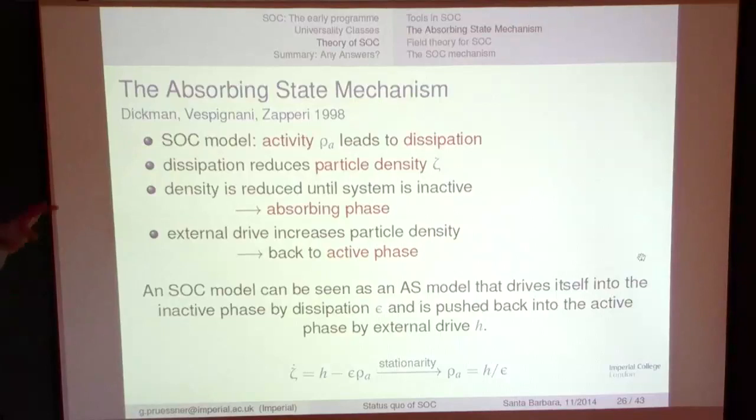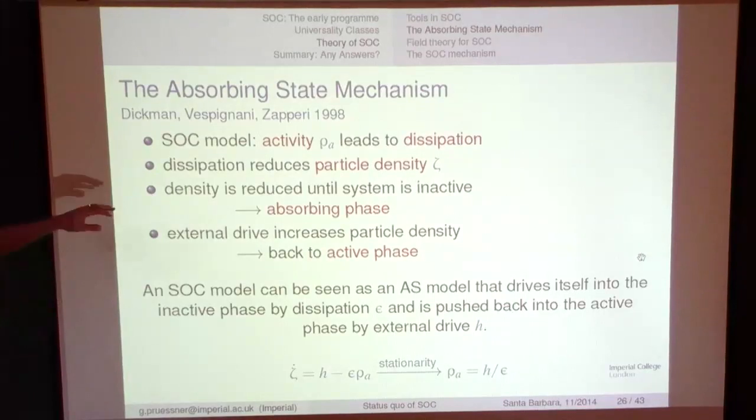The idea to understand self-organized criticality in terms of absorbing states was to say that the activity in a self-organized critical system experiences a transition from an active phase to an inactive phase. So while the avalanche is going, you've got a certain fraction of active particles in the system, and when it's quiescent, when nothing is going on, then you are in an inactive phase.